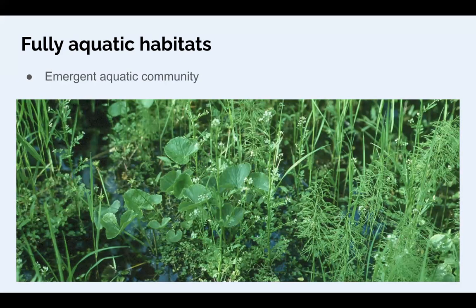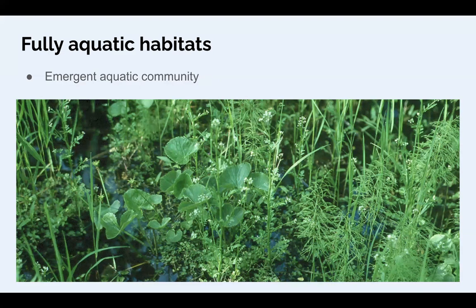So that's the underwater community, now the emergent community. These are plants with their roots in the water, but able to grow upright out of the water. Again, still putting up with that challenge, mostly because they have a difficult time getting air to their roots to do cellular respiration. So they have to have an adaptation to deal with that.